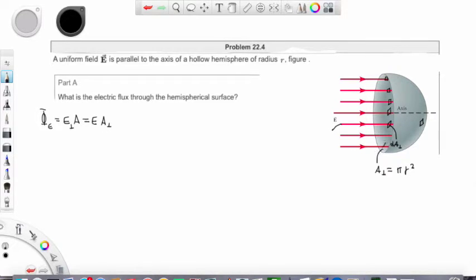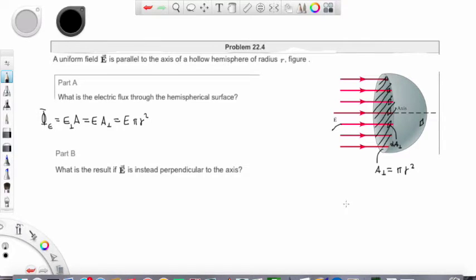So just to make clear, it's this flat imaginary disk. Therefore, the flux through the hemispherical shell becomes simply E times pi r squared.